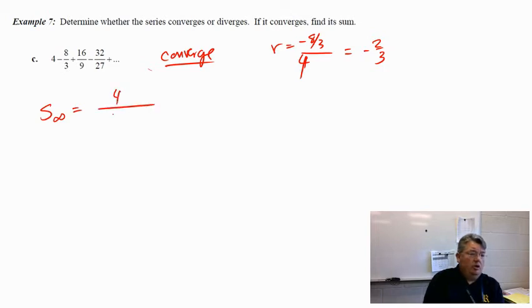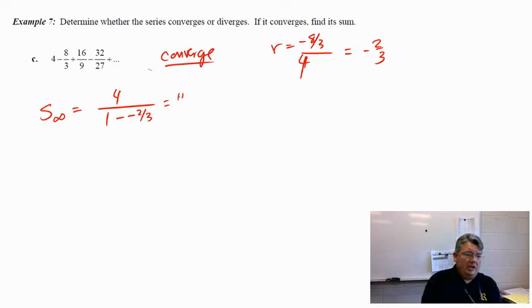Okay, so the sum of the infinite terms is going to be the first term, which is 4, all over 1 minus the ratio, which is -2/3. Well, if I type that in, I'm typing it in exactly like it looks. 4 over 1 minus the -2/3. Oops. 1 minus a negative. See? Oh, there it is. Okay. Typed in just like it looks. Equals 12/5.